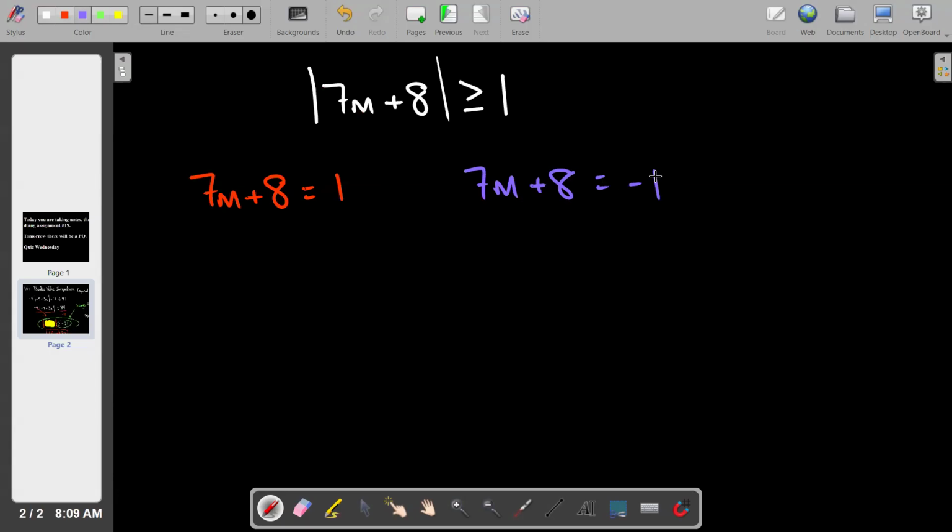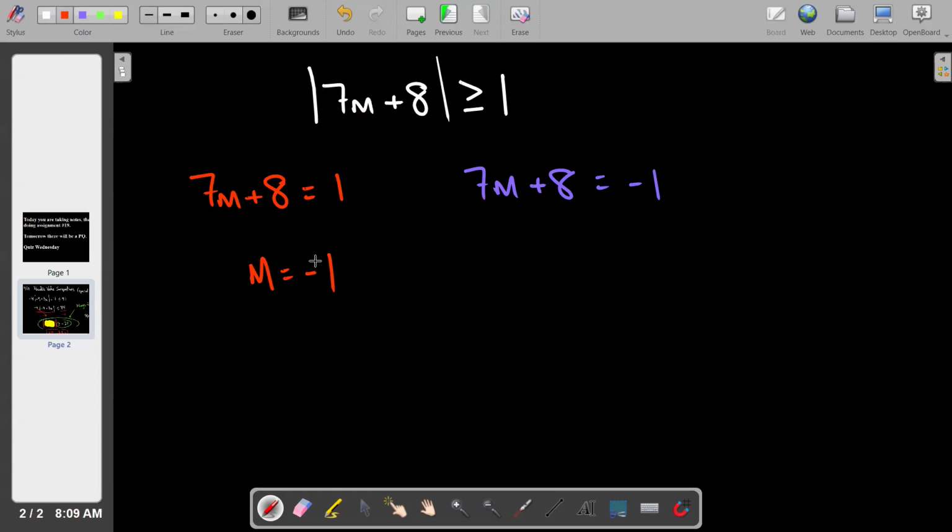That's how we find our caps on the ends. What's the solution to the red equation? -1 for sure. 1 minus 8 is -7 divided by 7 is -1. So we found an endpoint, a boundary.